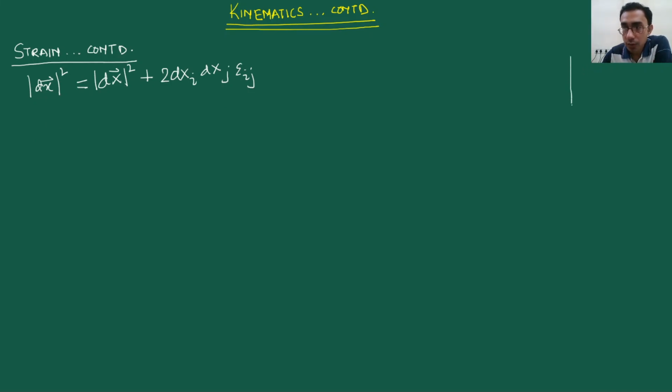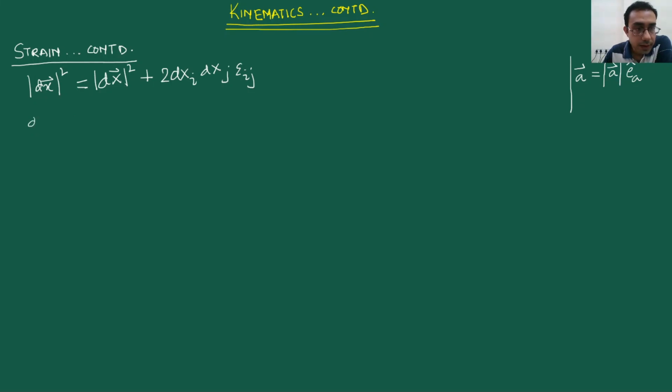Back in your high school or maybe first year, when you wrote a vector like this, you could write it as the same vector magnitude times a unit vector along the direction of the vector. So this unit vector captures the direction of the vector, and this magnitude captures of course the magnitude of the vector. This is the same idea that we're going to utilize here.